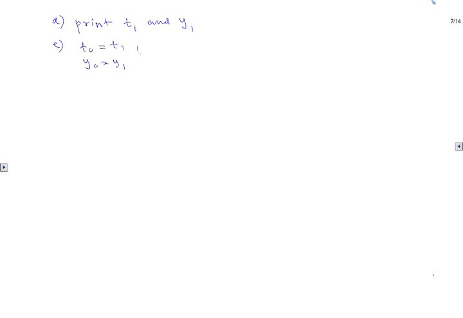We can update them, or replace. Good. And then this is going to end the for loop. So this is the pseudocode for Euler's method.